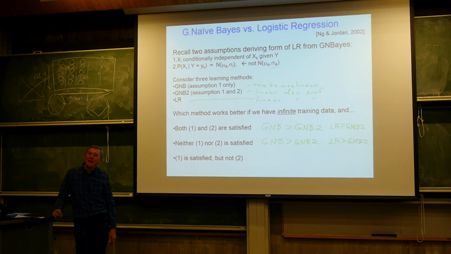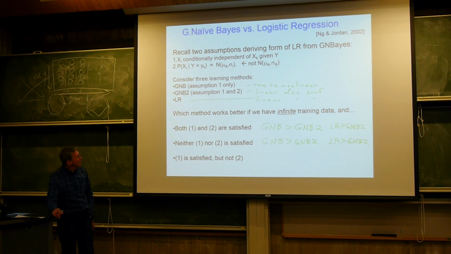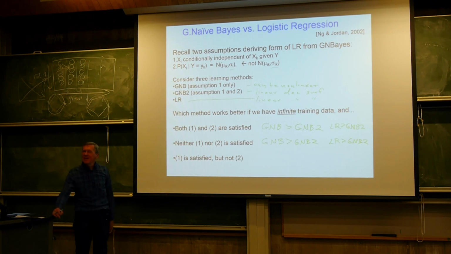Well, logistic regression would be greater than both of them. It will be the better classifier than GNB1 and GNB2. Yeah, I'm just worried about logistic regression being restricted to a linear decision surface and GNB not. So I think this is probably all we can say.